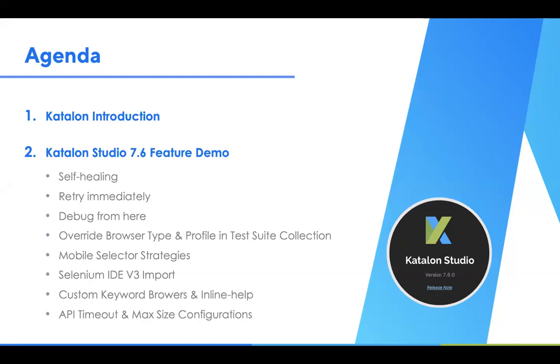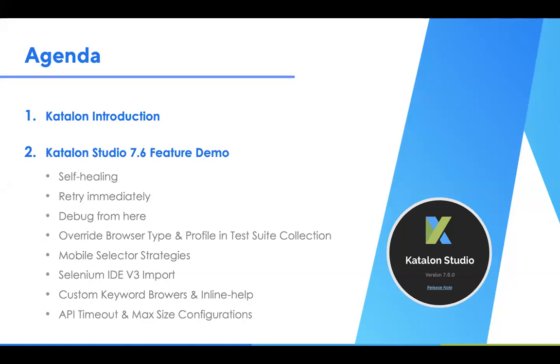For the 4 features that I just mentioned, we focus on improving the execution mechanism in Katalon. As we all know, execution is a very crucial part of automation testing. So with the new features, we aim to have a smarter execution, more dynamic, flexible, and more efficient for users to work with the execution in Katalon.